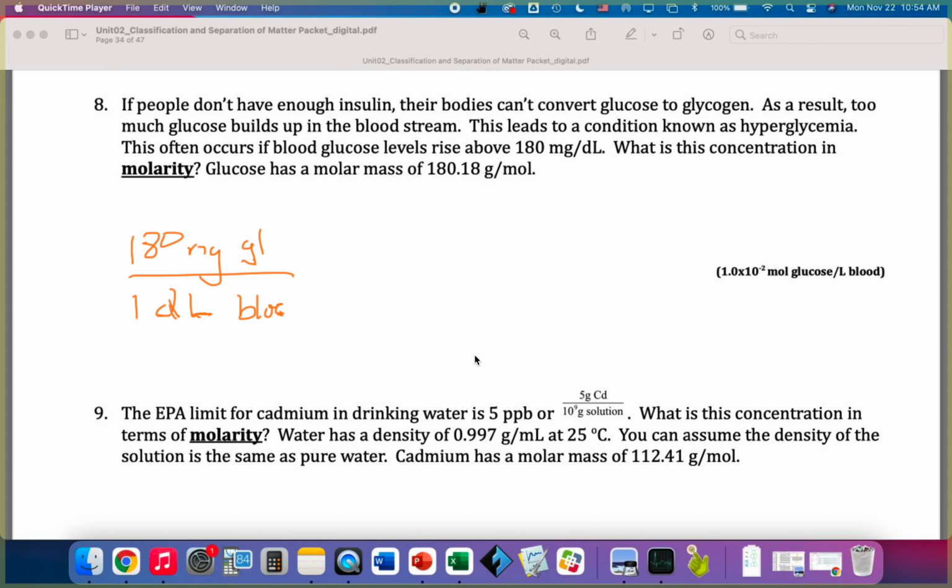Good. So same thing. We need to get this into moles per liter at the very end.